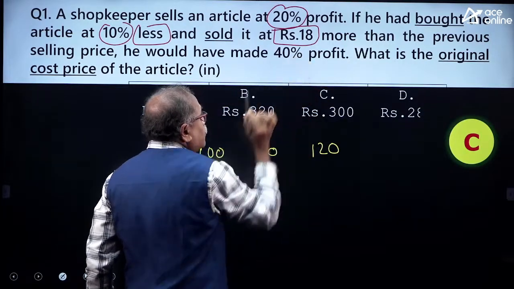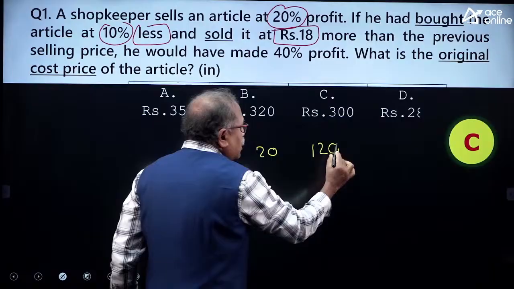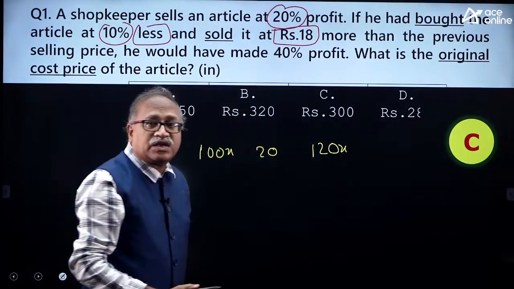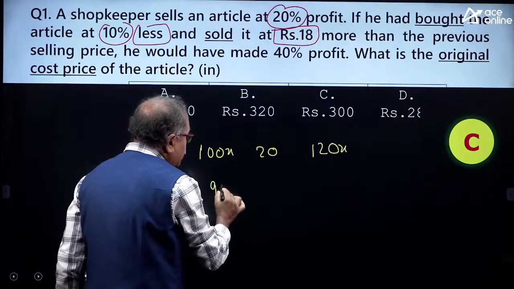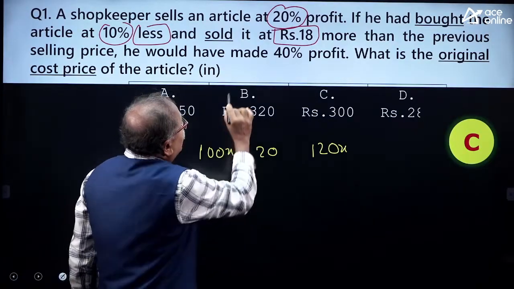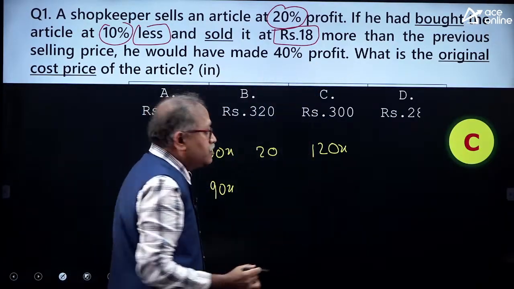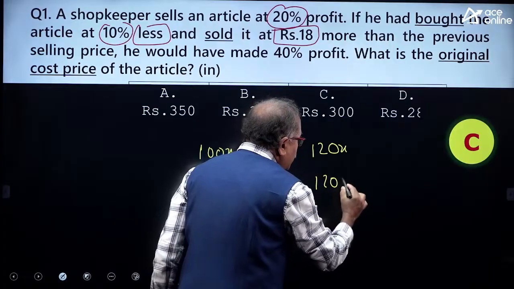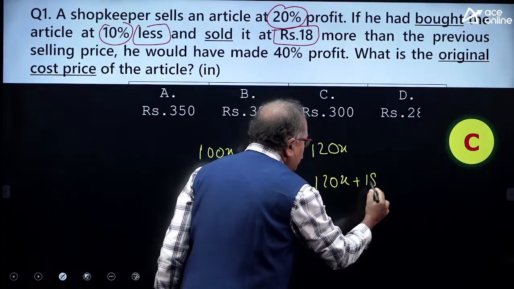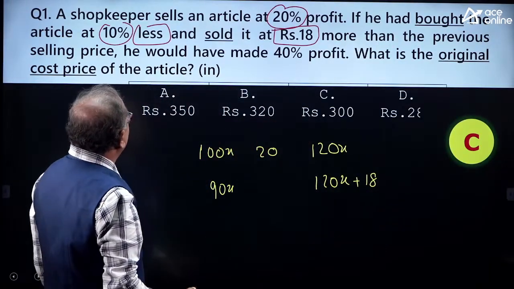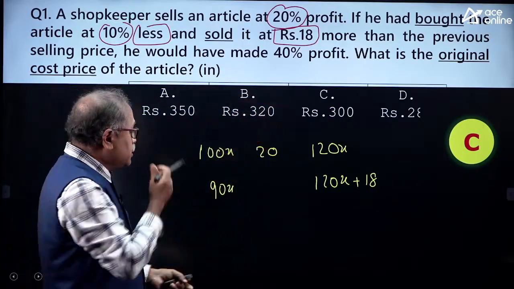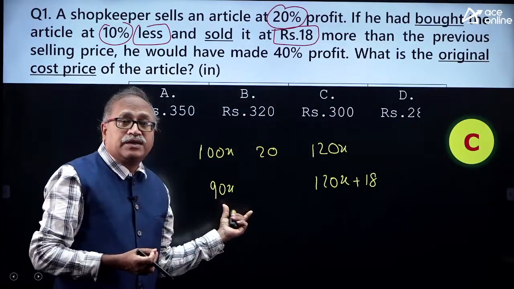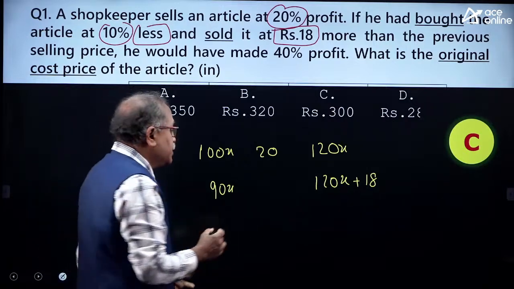As the value is given over here, I will consider this in the form of x. So CP 10% less, that means the CP is 90x and the selling price is 18 more, so 120x plus 18. So what is the profit in that case? He would have got a profit of 40%. What is 40% of 90? That's 36.